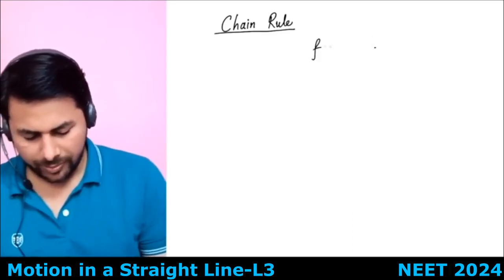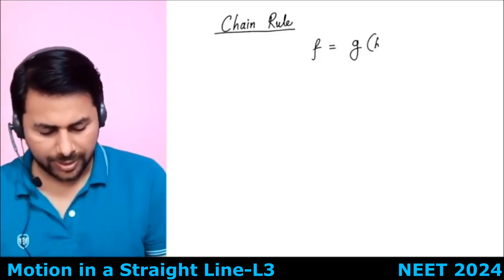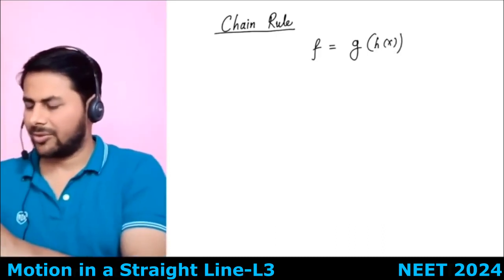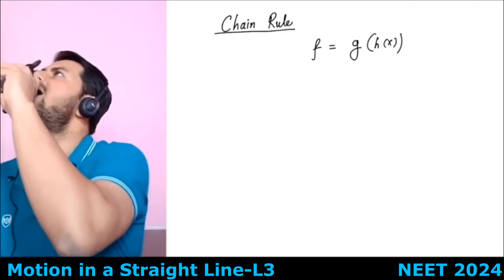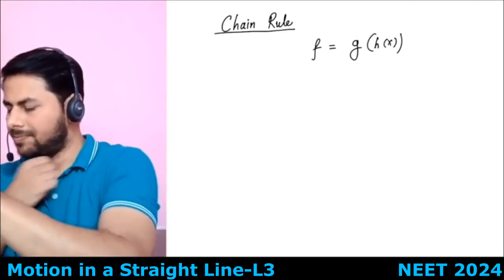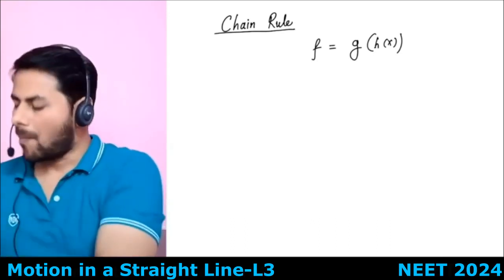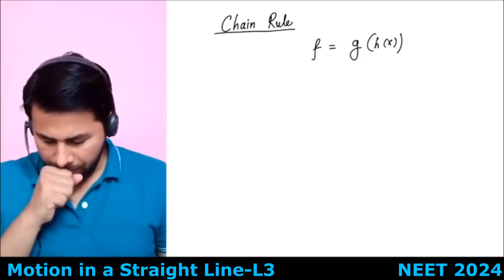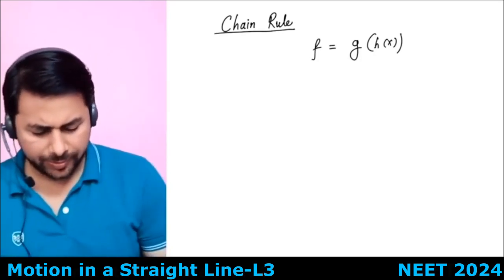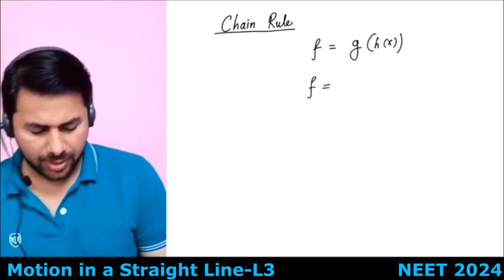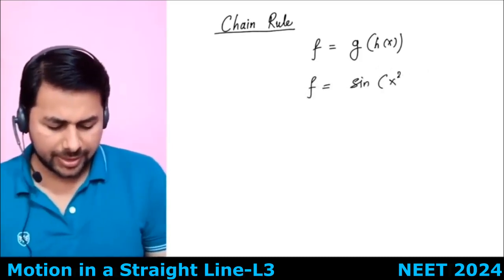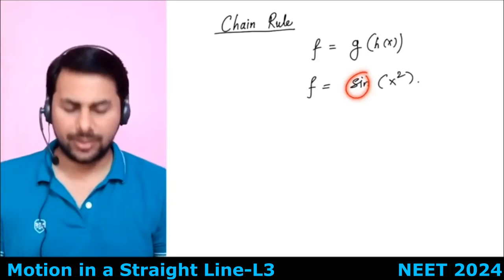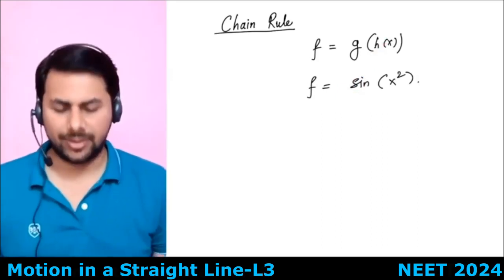Sorry, you have f which is equal to g of h of x. I will give you an example of this. Suppose f is equal to sine of x square. So g is your sine function, but what is h? h is x square.